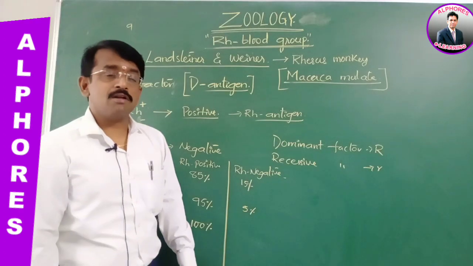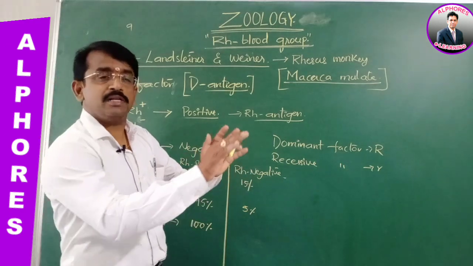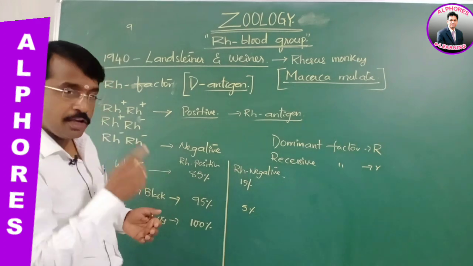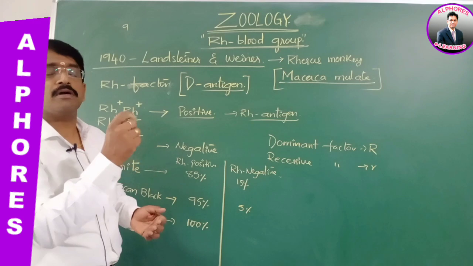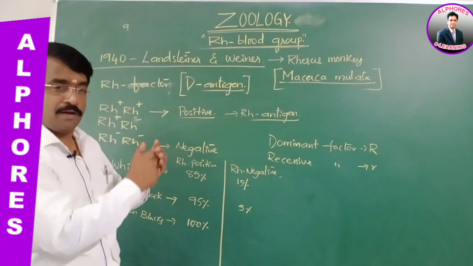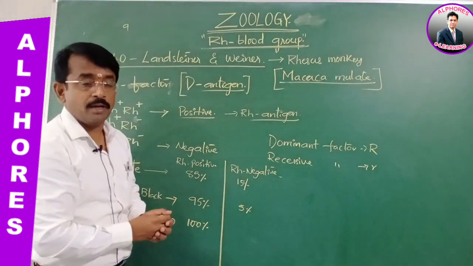Generally, Rh positive and Rh negative individuals are phenotypically normal. What do I mean by this? I repeat, Rh positive and Rh negative individuals are phenotypically normal. Then why are we discussing this topic?